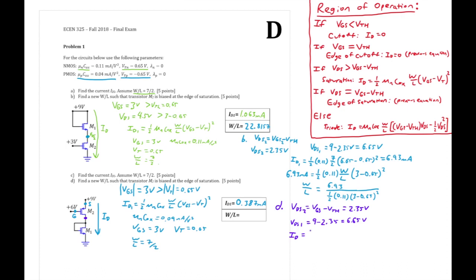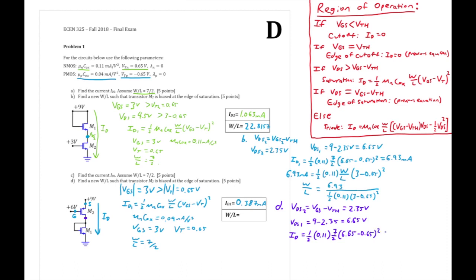So we know that ID is going to be equal to 1 over 2 times our mu n COX for the NMOS transistor, M1, which is 0.11, times W over L, which is 7 divided by 2, times our VGS value, actually 6.65 minus 0.65, squared.